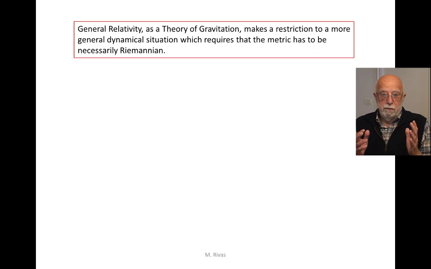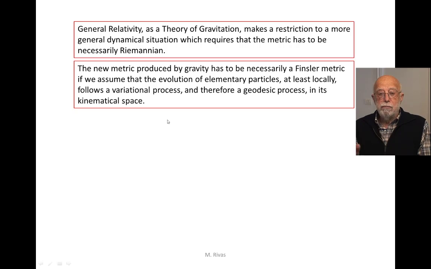So, general relativity as a theory of gravitation makes a very strong restriction to a more general dynamical situation, which requires that the metric has to be necessarily Finslerian instead of Riemannian. So the new metric produced by gravity has to be a Finsler metric.